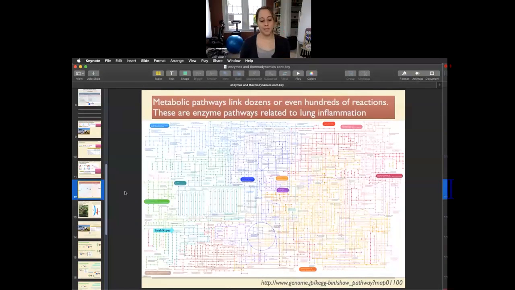So this is a really complex area of research. It's really interesting. If you're interested in this type of thing, sometimes this is referred to as network analysis. This would be a network of different enzymes.